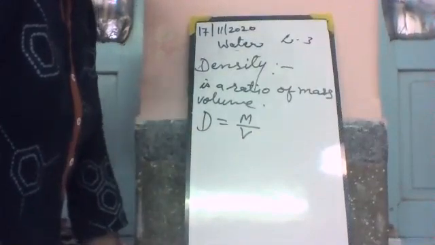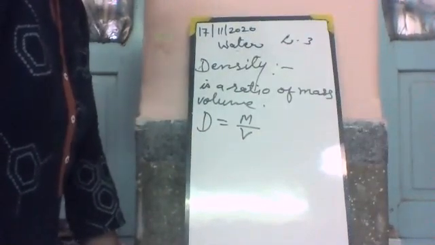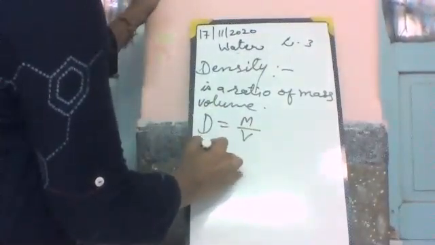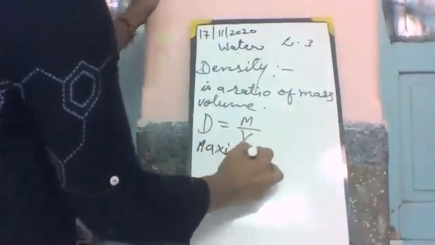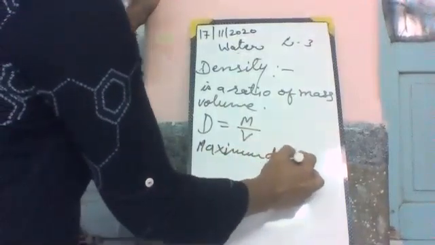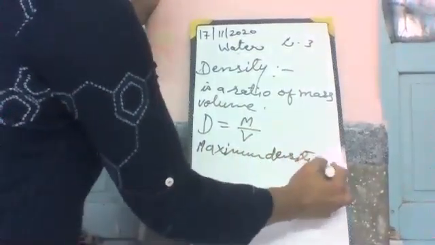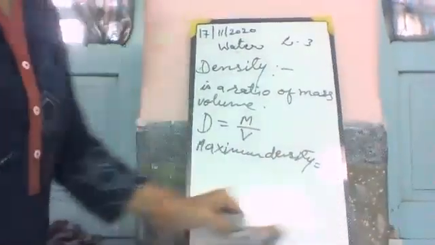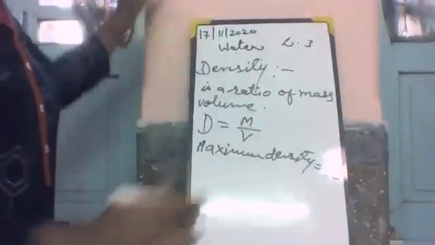At 4 degrees Celsius, water has its maximum density. We can calculate it from mass and volume.